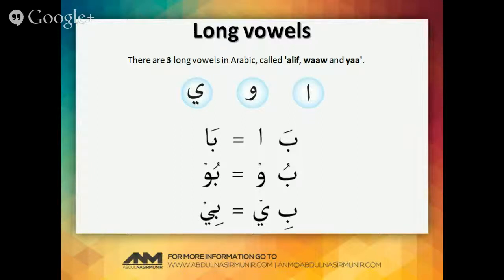The reason being, as you can see in the bubble at the top, alif, waw and ya are the letters of mad. When they are attached after any letter, they will elongate, they will prolong the sound of the word. So ba becomes ba, bu, bi. This is just a quick recap from a previous lesson.